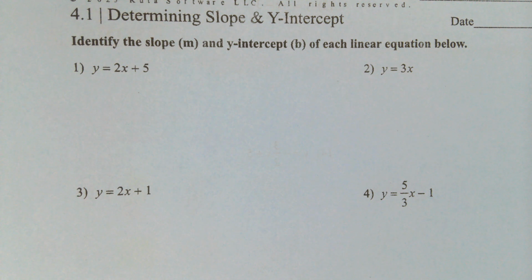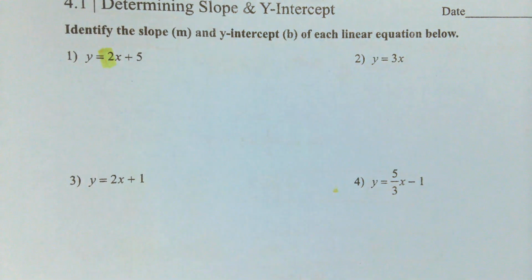All right, so take a look at number 1. Y is equal to 2x plus 5. What's my value for M? What is my slope here going to be? Well, what number comes in front of my x? 2.